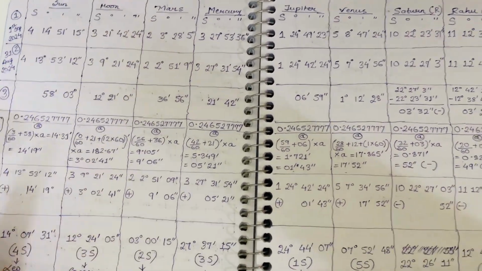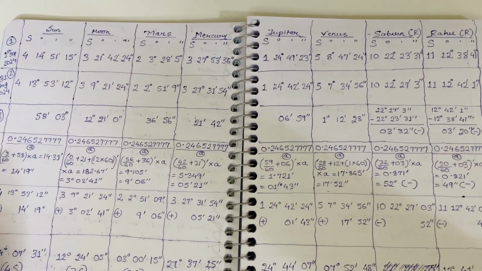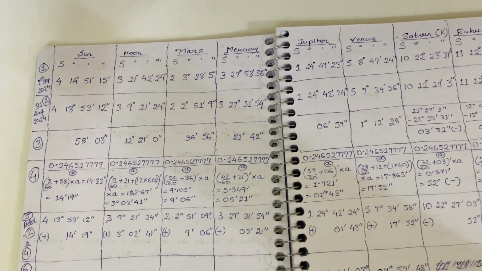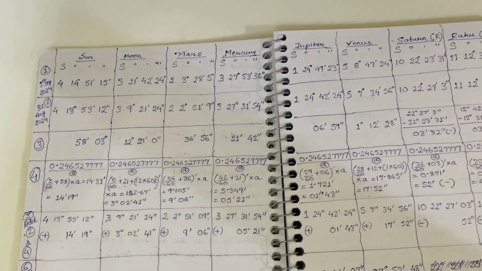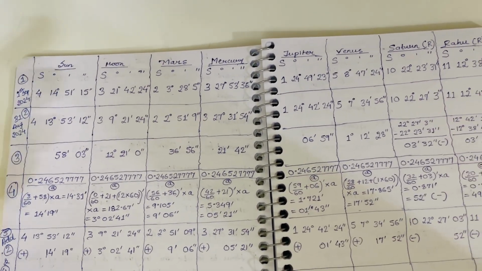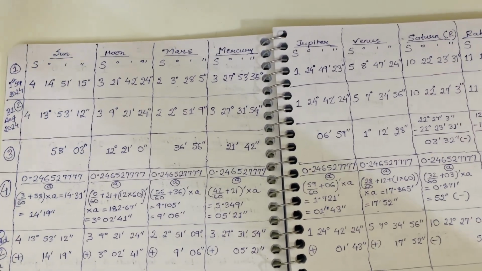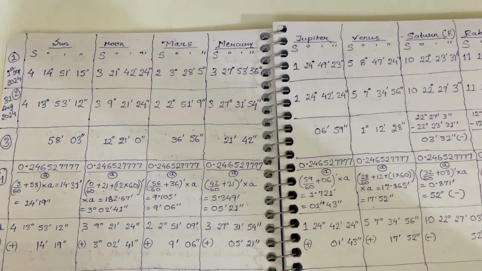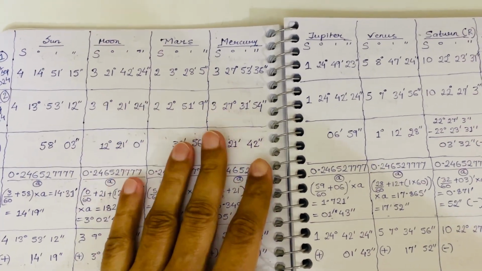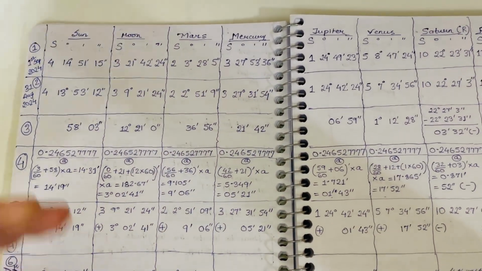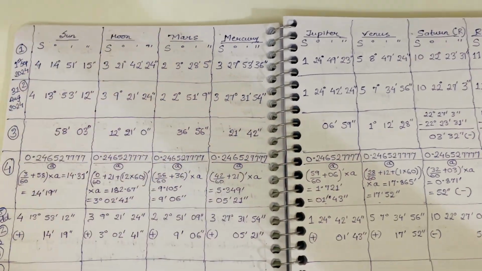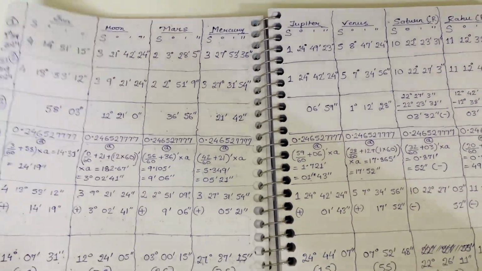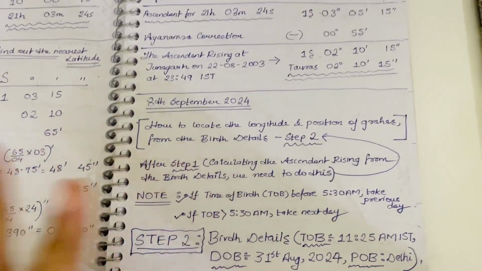If the time of birth is more than 5:30 a.m., then we would be considering data for, suppose the date of birth is 31st of August, we will be considering data for 1st September and 31st of August. I will let you know step by step, so don't get confused. I'm just telling you one particular principle because in our upcoming steps this concept needs to be clear for all of you. So I've written it down. Let me show my work over here.